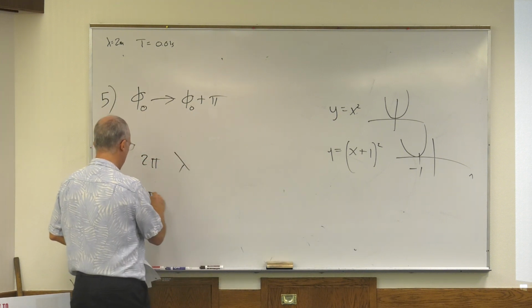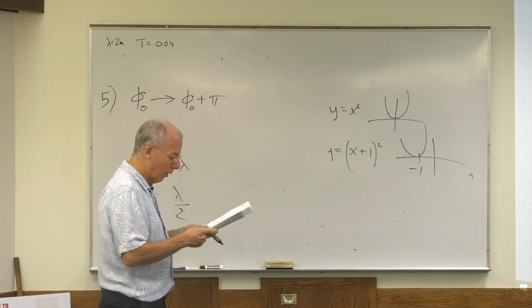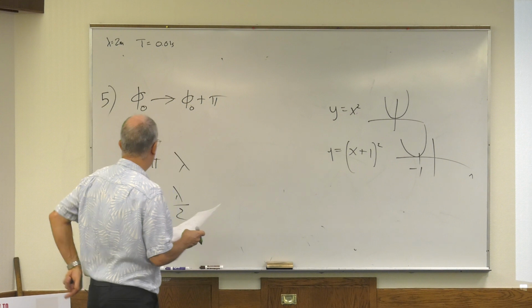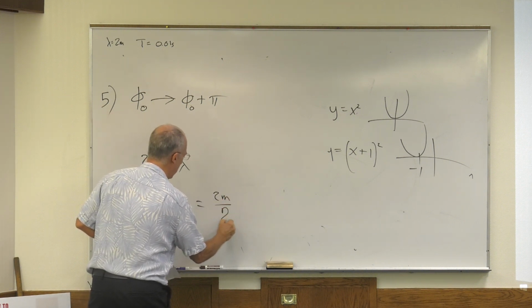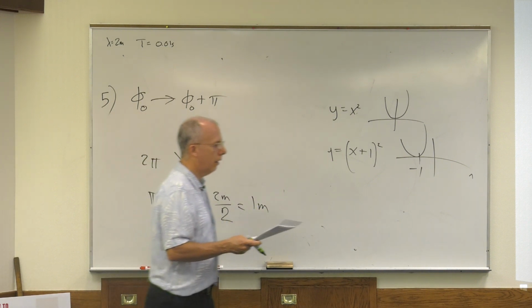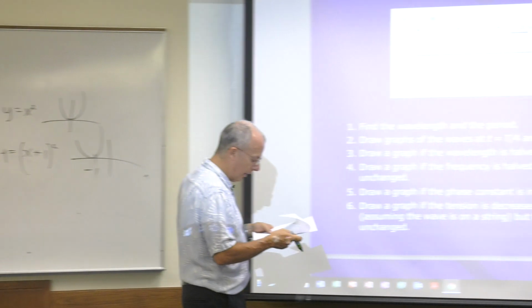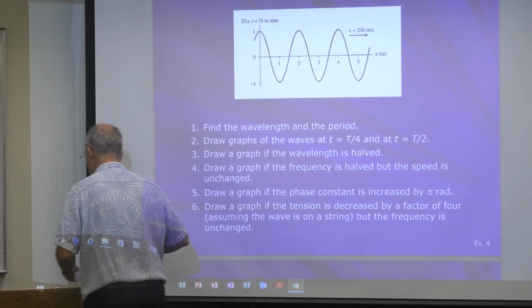So what does pi correspond to? Wavelength over 2, right? So all we have to do then, and again, wavelength is 2 meters. This is 2 meters divided by 2, that's 1 meter. And it's a plus, so it goes to the left. So all we have to do is shift it 1 meter to the left.